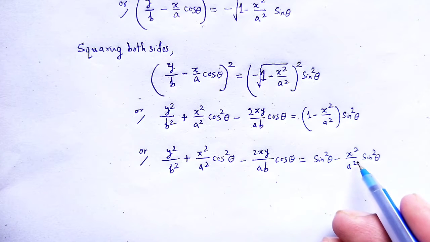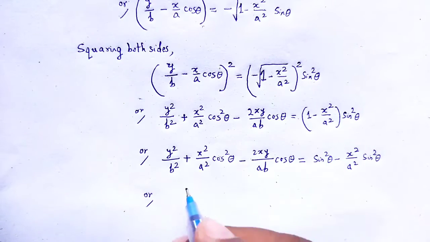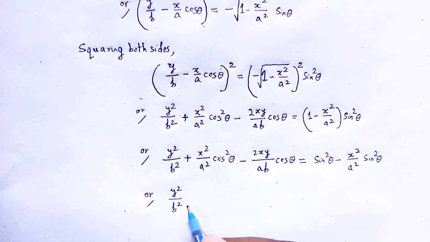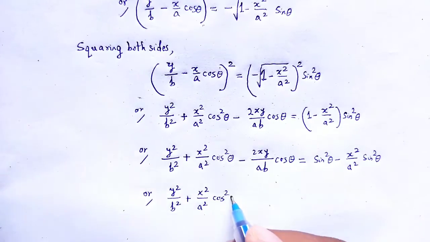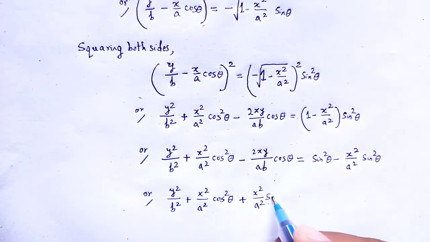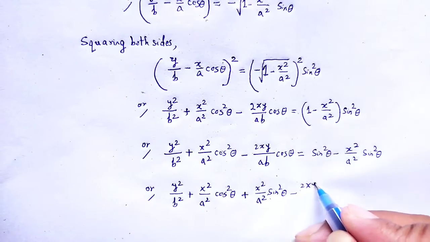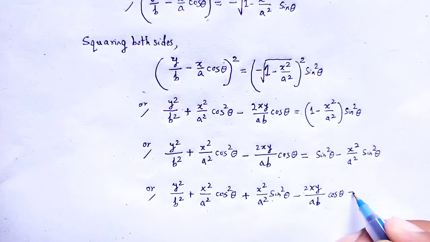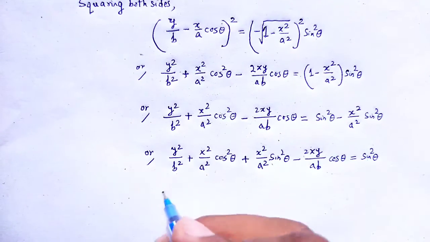Taking that x square by a square sin square theta term to this side, it will be y square by b square plus x square by a square cos square theta plus x square by a square sin square theta minus 2xy by ab cos theta is equal to sin square theta.